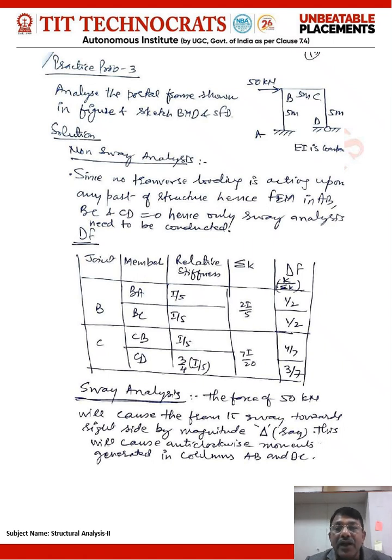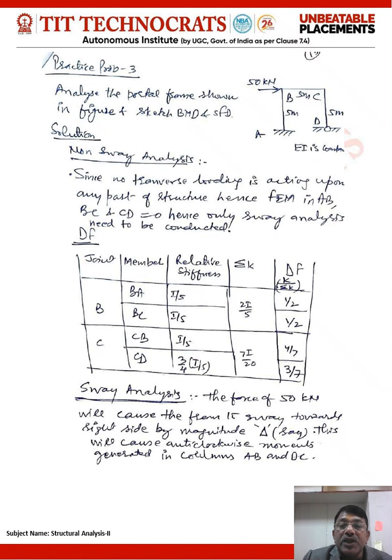Notice that there will not be any fixed end moment due to the loading, because there is no load acting in between the two joints. The load is acting only at the joint. So in this case, we only have to go for the sway analysis.